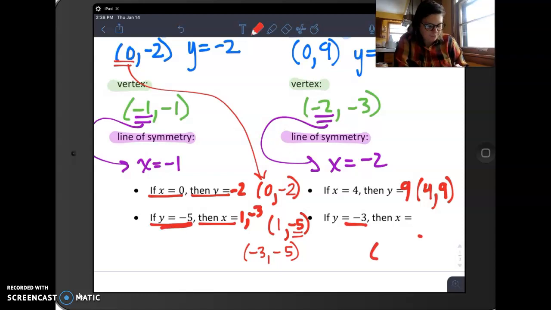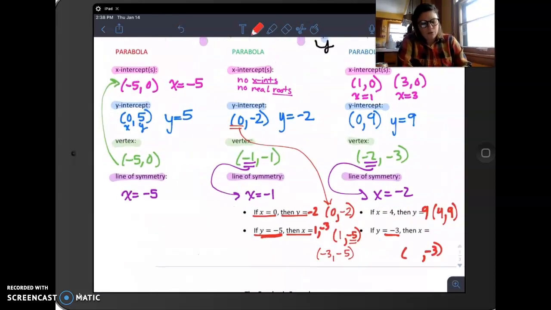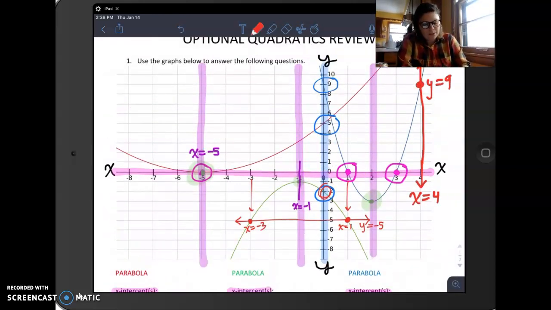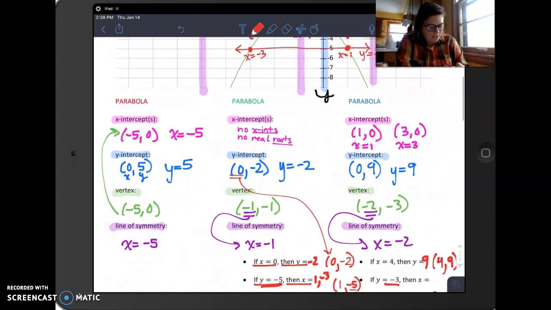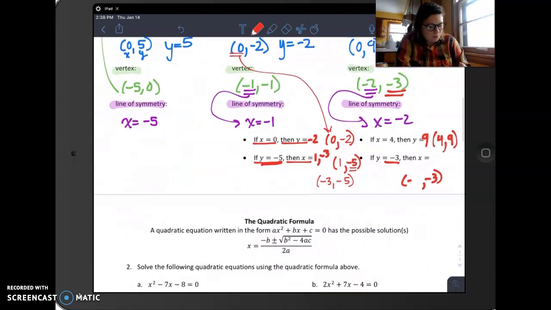Okay, so then the last one, same as what we did over here, where it gives you a y. We want to know, what does x equal if y equals -3? And we're looking at the blue parabola. And here, we can actually see y equals -3 at this point. And so we could put -2 in there just based off of that point.